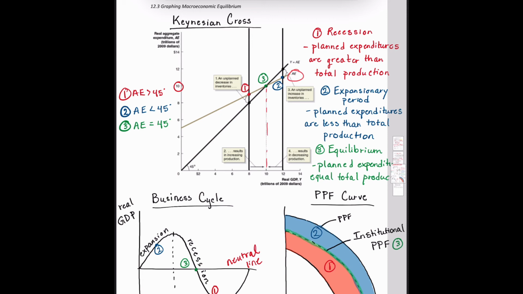And again, it's debated whether or not the multiplier effect is actually effective, whether or not there is an increase in real GDP when autonomous expenditures change.